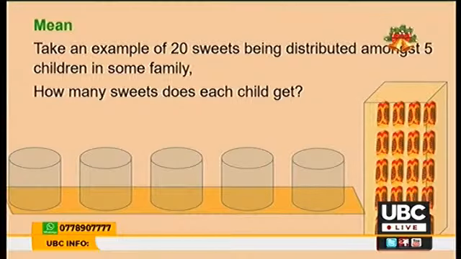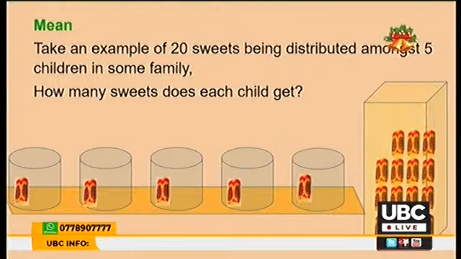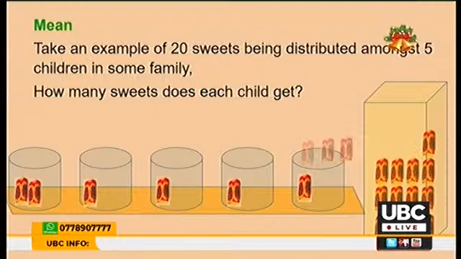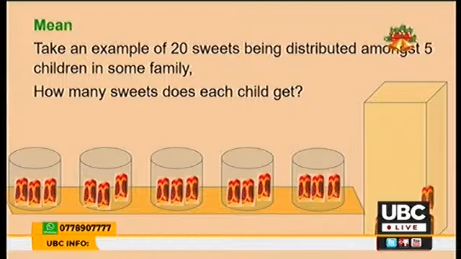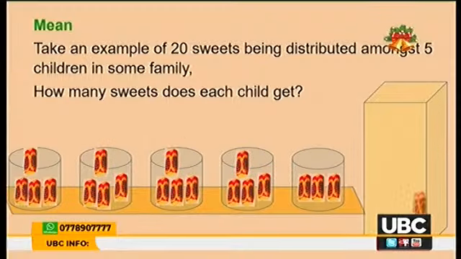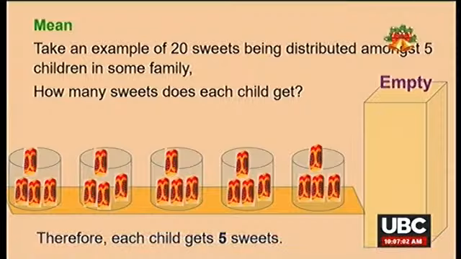So I said, take an example of 20 sweets being distributed among 5 children. Let's distribute the 20 sweets. When we distribute 20 sweets among 5 children, we shall look at how many sweets each child gets. So from our diagram, we can see that each child got 5 sweets.